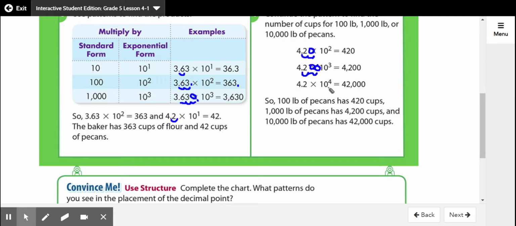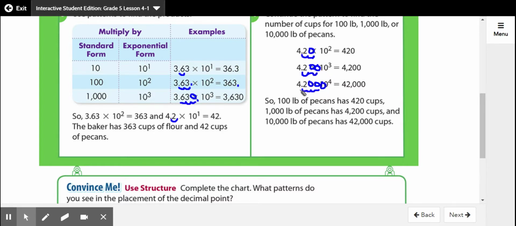Now here's 10 to the fourth power. They're talking about this 10,000 here. 1, 2, 3, 4 zeros. And I move it over 1, 2, 3, 4 spots. So I need to put 3 more zeros here to hold my place value. That's 42,000.